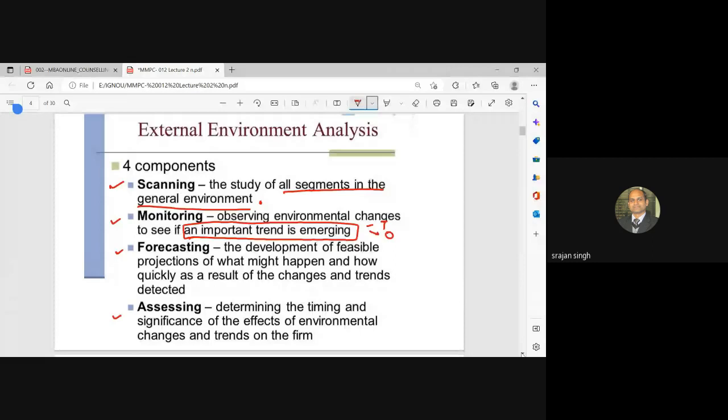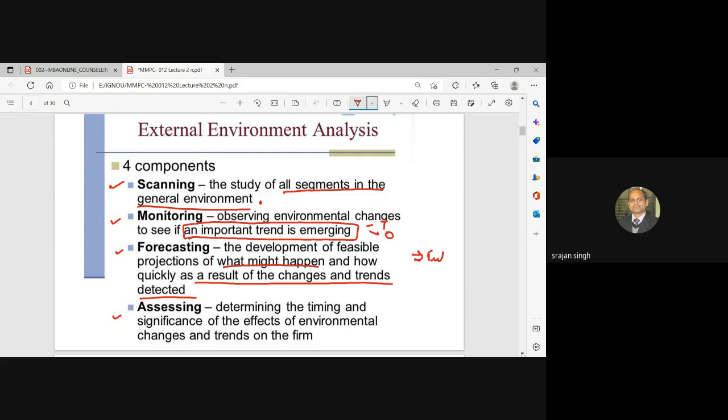Next is forecasting, the development of feasible projections of what might happen, and how quickly, as a result of changes and trends detected. We do forecast for the near future or for the distant future.